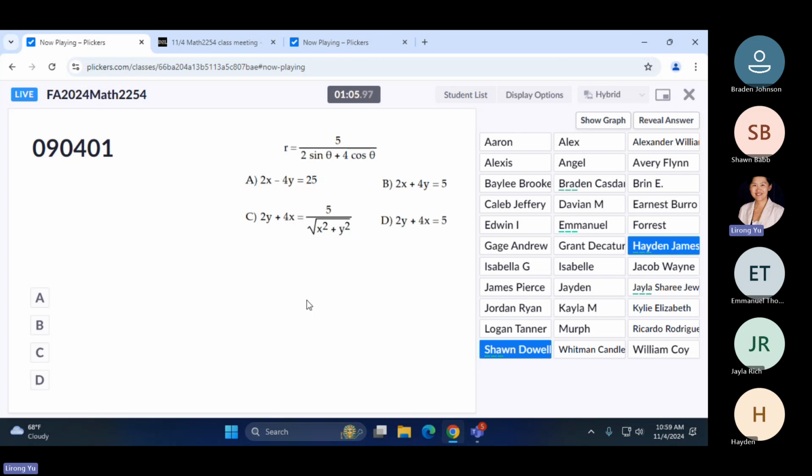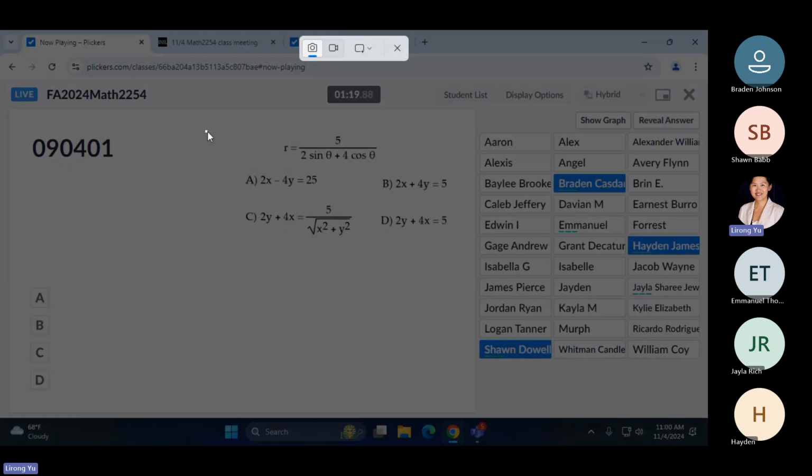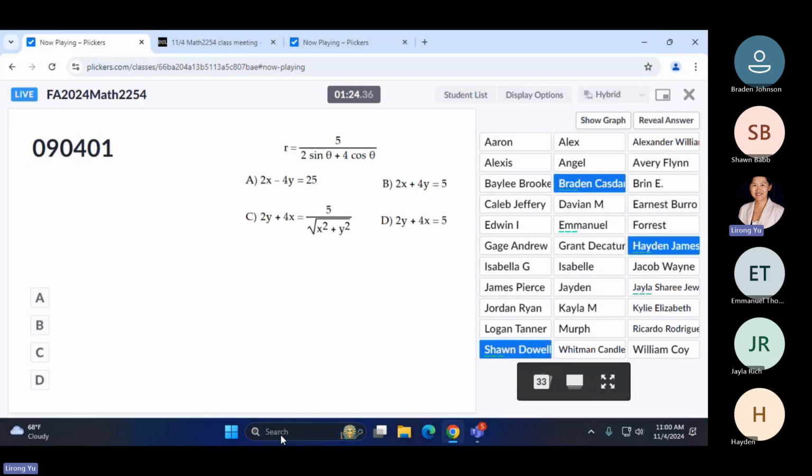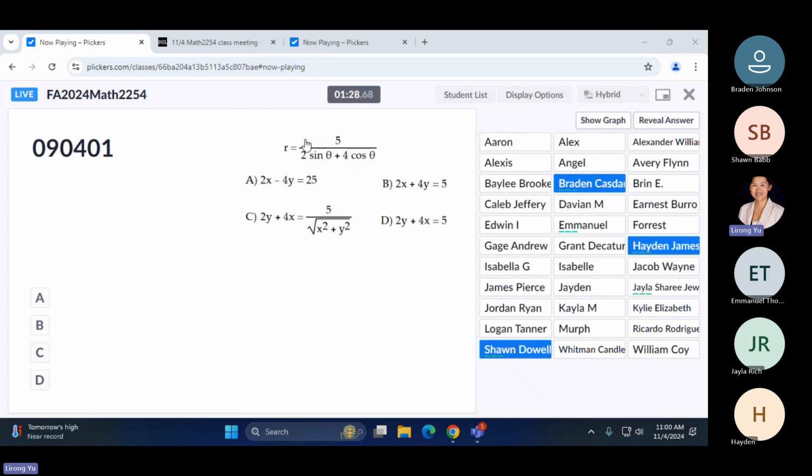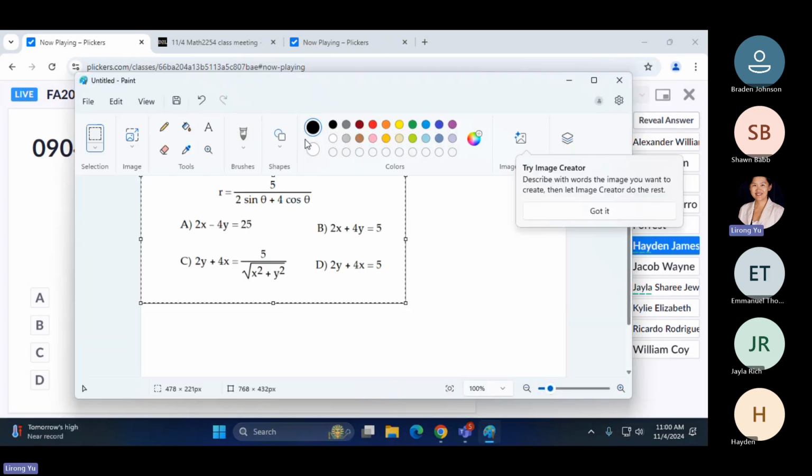If you have a polar equation, you probably convert it to a rectangular equation. You have to look for a substitution tool, like ways to substitute in the equation. Like this one, we have sine and cosine in the equation, so we can try to see if we can create x and y from the polar equation.